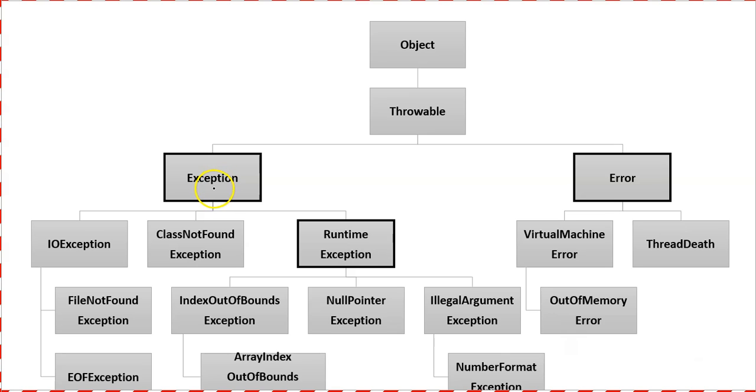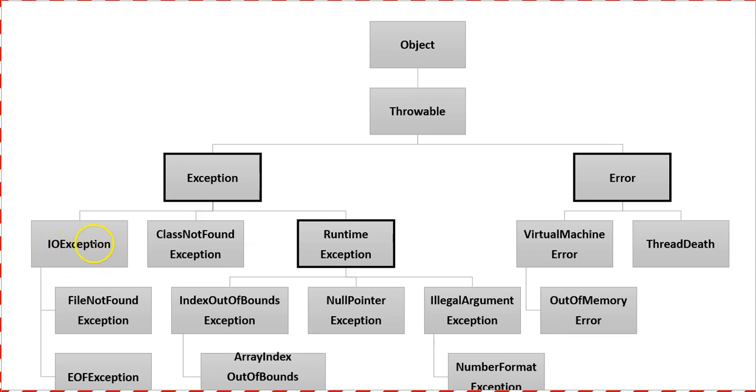Now there are lots of exceptions and they are grouped into different types. For instance, if we have exceptions that have to do with file access and file input output, then those are within the subclasses of IO exceptions.